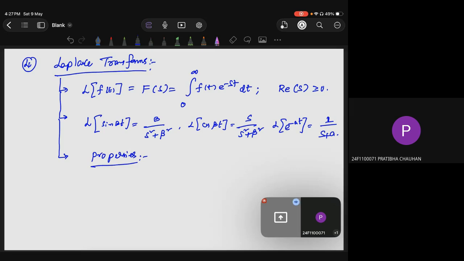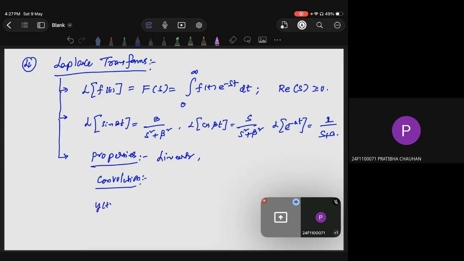So what are various properties we have? We have properties like linearity. Linearity property, I don't need to explain to you. Then we have an important property, convolution. What does convolution say?